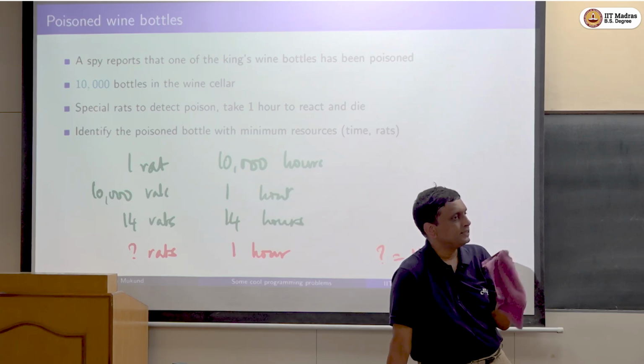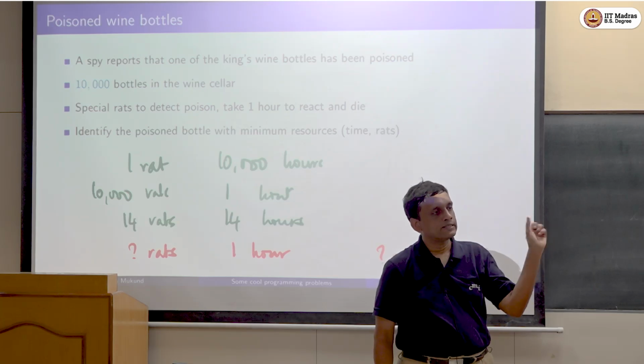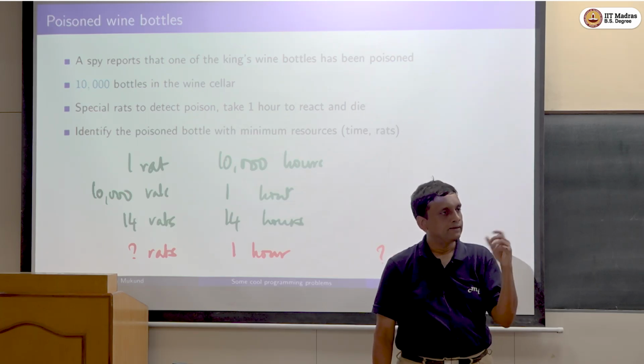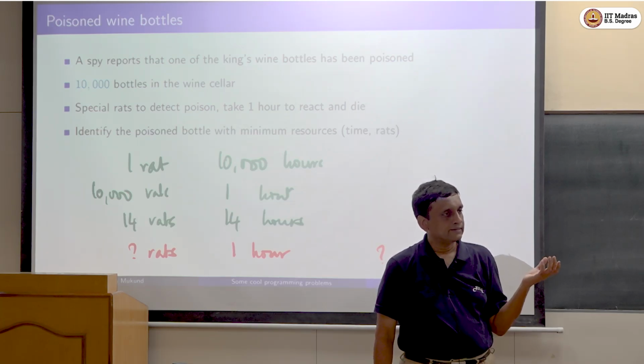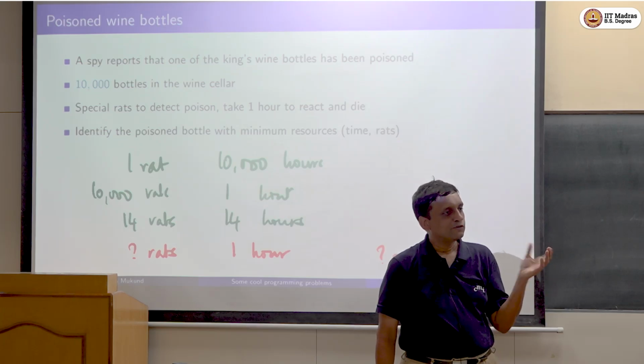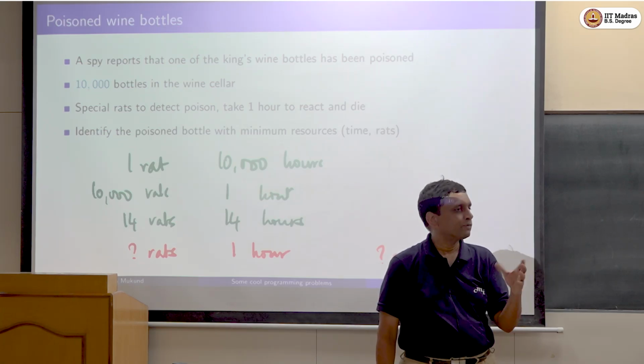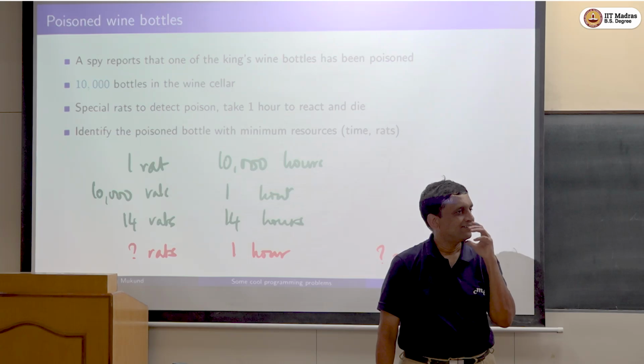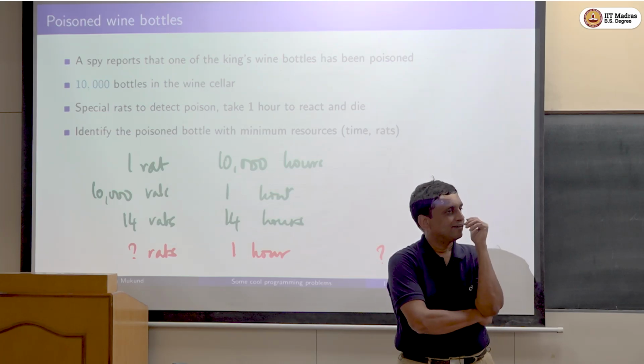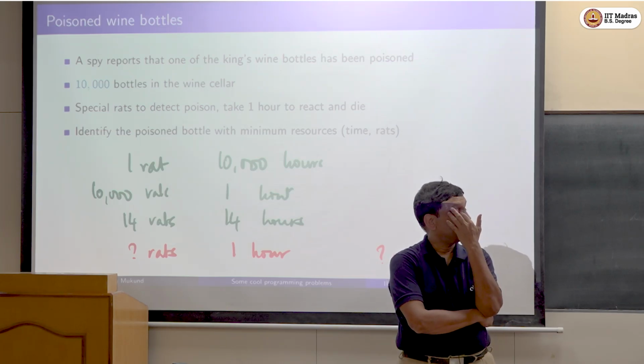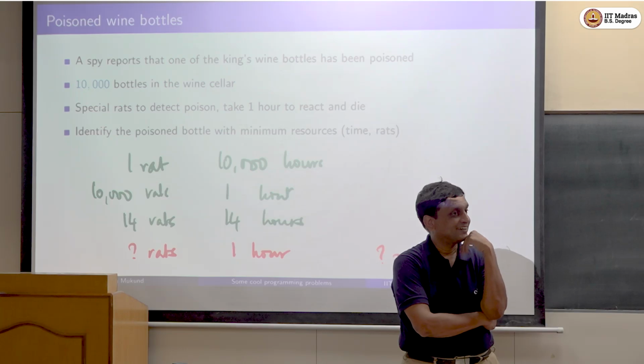Yeah, but 60, but then you have to check all 60, right? So 60 into roughly 16 is 9,600. So if it is not the first 60, you have to try the next 60 because it might survive. No, I'm saying use 14 rats.